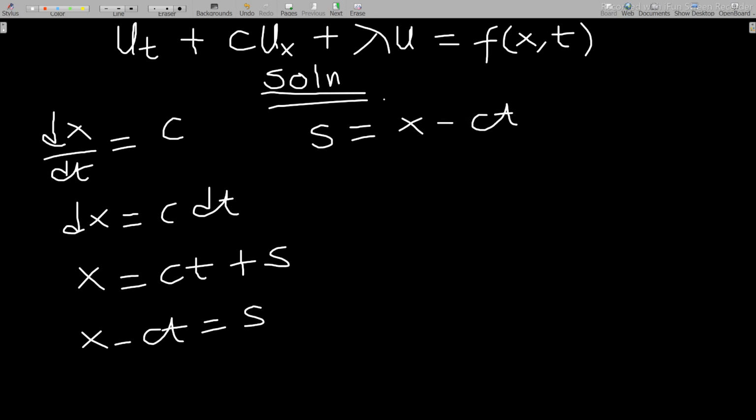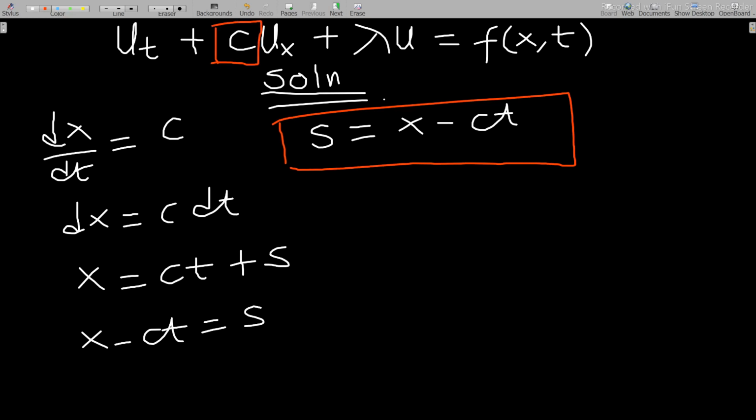Quickly take note of this. You can keep this in your mind. Always this will work whenever there's only a c here and there's nothing else. But if in front of t there was something, this thing would have changed.